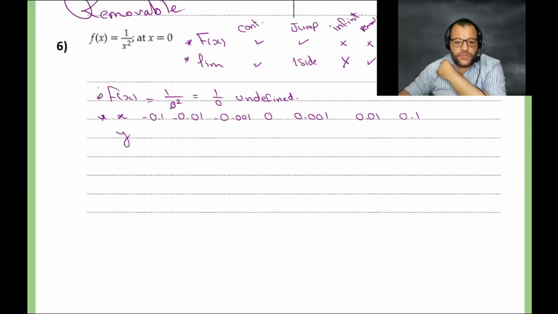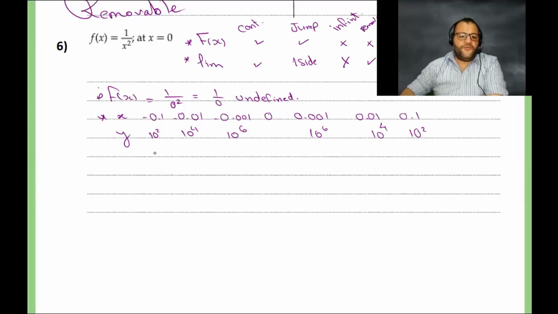If you check the first one, what is the answer? 100, or 10 to the power 2. Then 10 to the power 4, 10 to the power 6, and so on. This one is 10 to the power 6, 10 to the power 4, 10 to the power 2. Is that right? Okay.